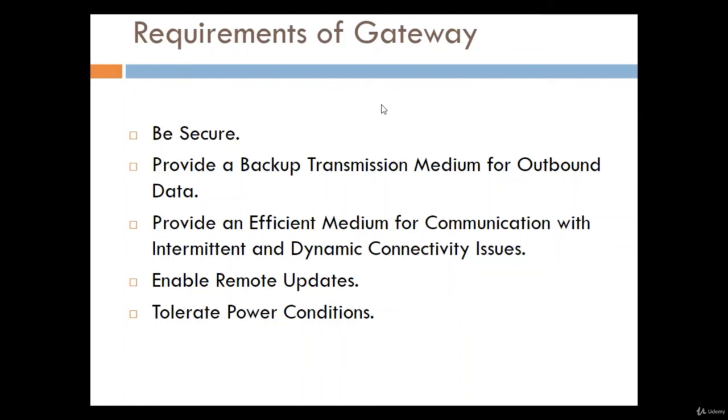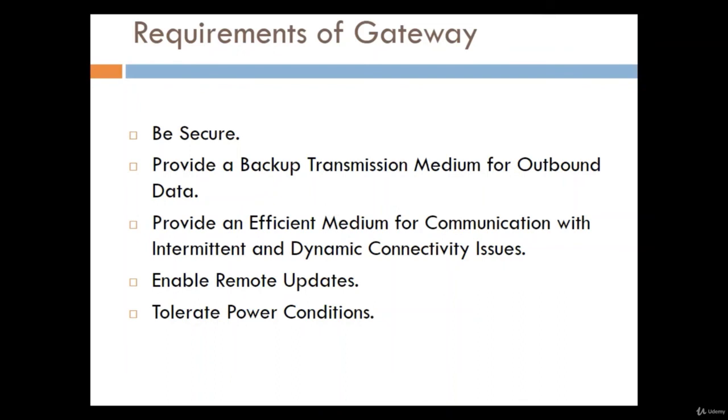The gateway is responsible for collecting the data from all these nodes and then transferring the data onto the cloud, that is the IoT server. Therefore a gateway should have these particular requirements: it should be very secure, because all the data is going through the gateway to the cloud.